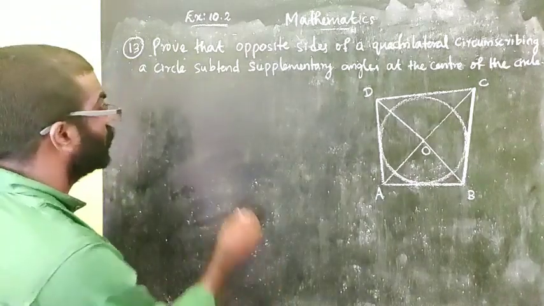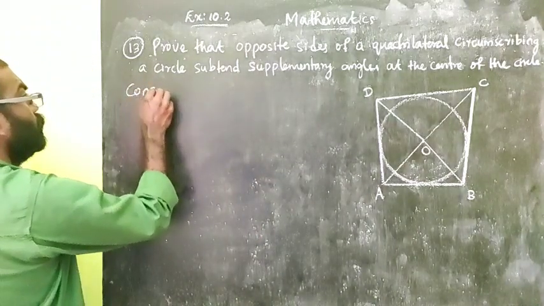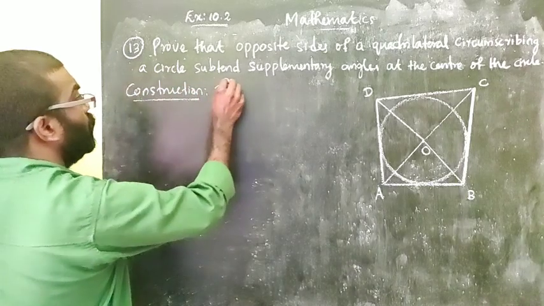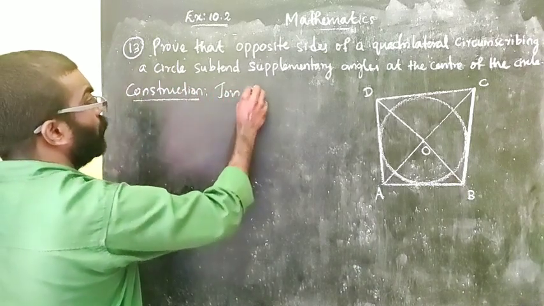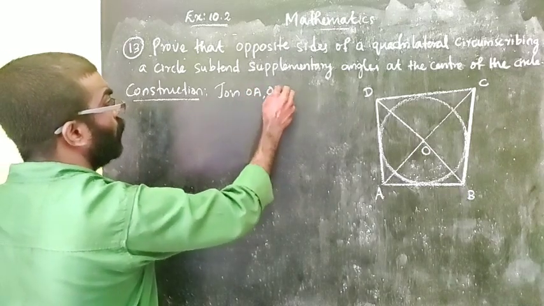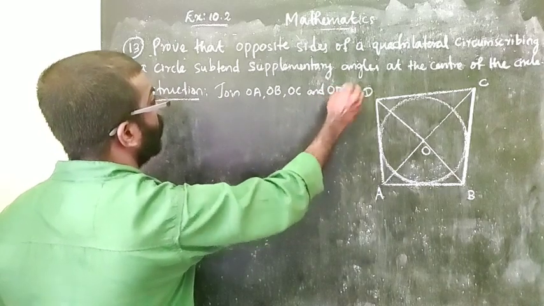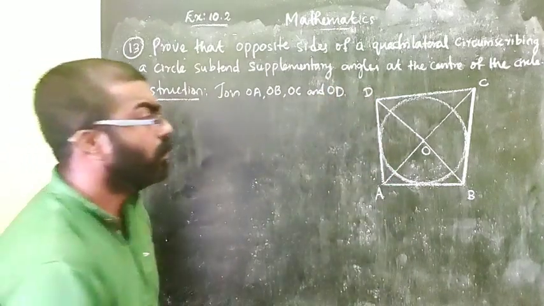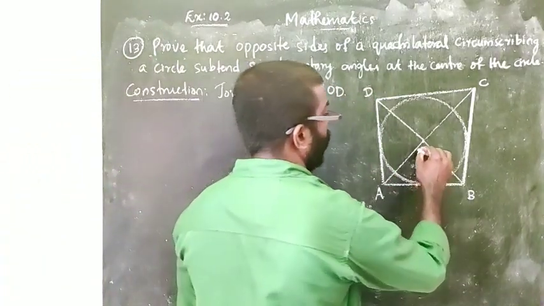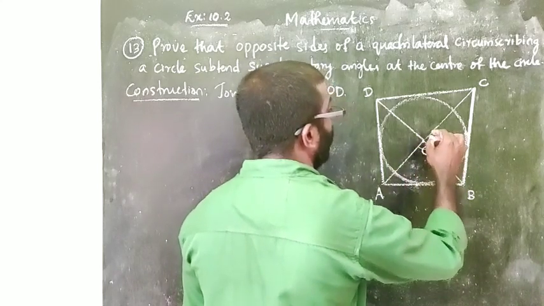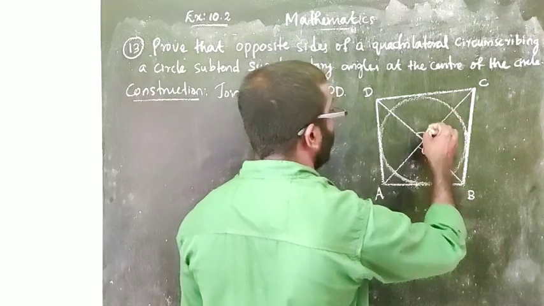Here we can write the construction. Join OA, OB, OC and OD. And what we have to prove? We have to prove angle AOB plus angle COD are supplementary.